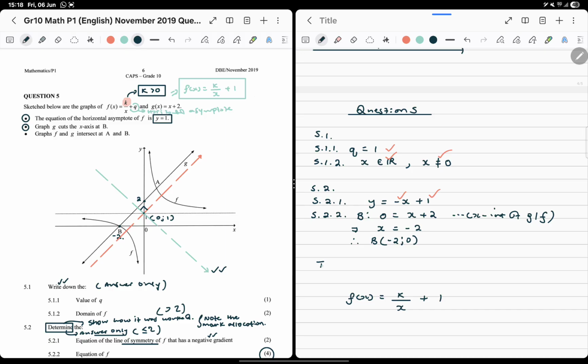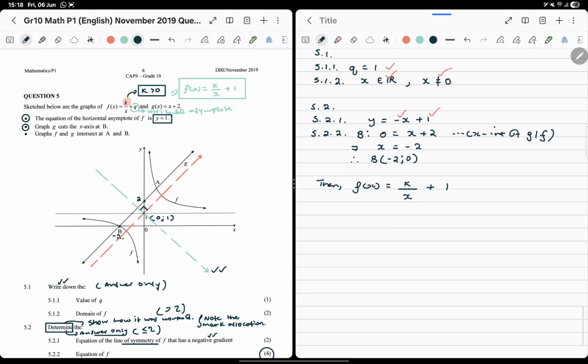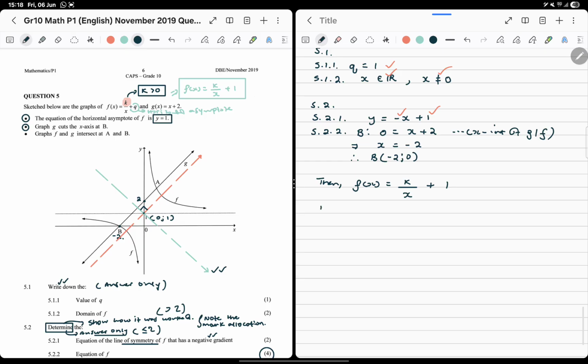We can say here then, we now take our friend up there. So watch the method that I'm solving this in. It's methodical, systematic, and easy to follow, and very directive at best. So try to do this as well when you solve. So f of x is y, so we substitute 0 there. This is going to be k divided by minus 2 plus 1. This implies we transpose.